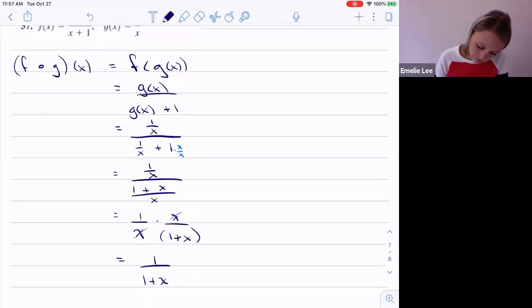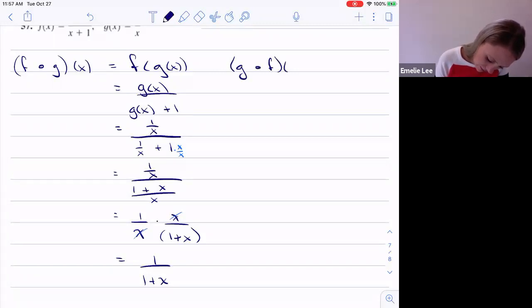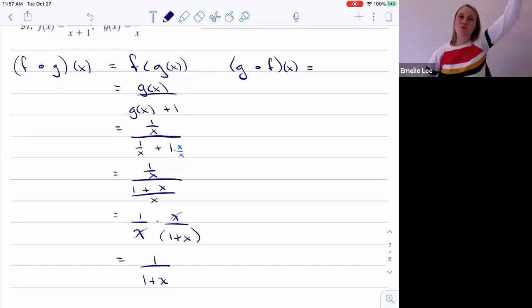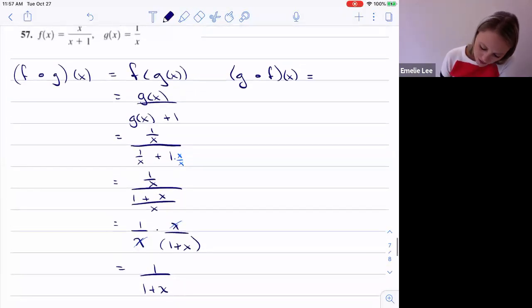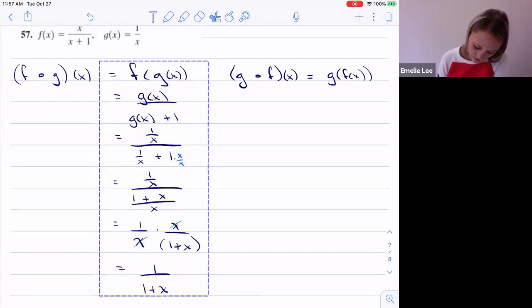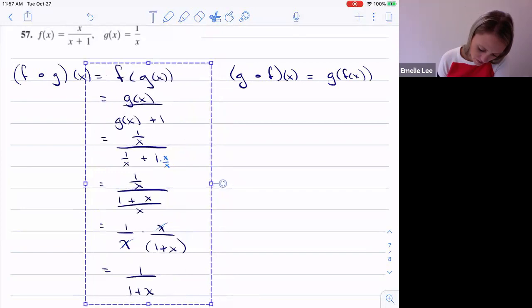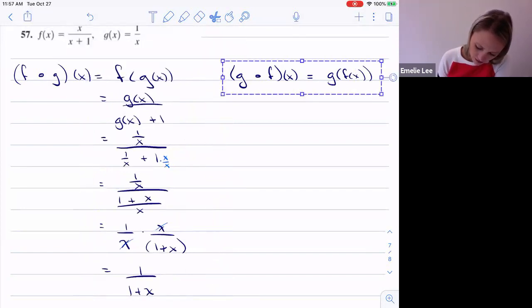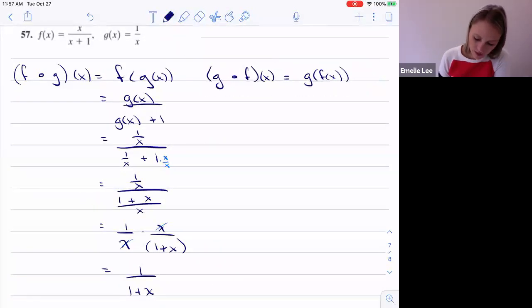How about, let's do g composed with f of x. I'm going to try to keep it on this same line. Otherwise, it becomes just pages upon pages. Too much scrolling for me. So that's g of f of x, although I should have thought of it before I took up so much room here. Maybe I can make myself a little bit more room. There, that's good enough.